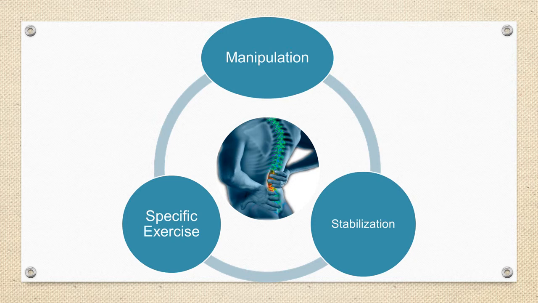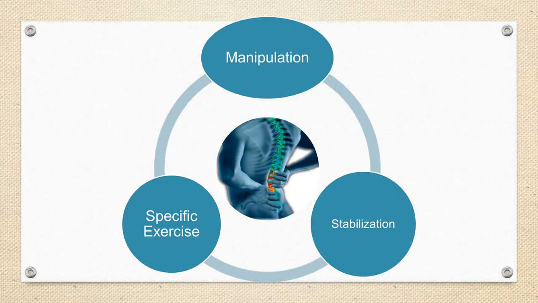The randomization was also performed by a third party, and the patients were assigned to a manipulation group, a stabilization group, or a specific exercise group. The manipulation group performed one of two specific manipulation treatments, one in supine or one in sidelying.